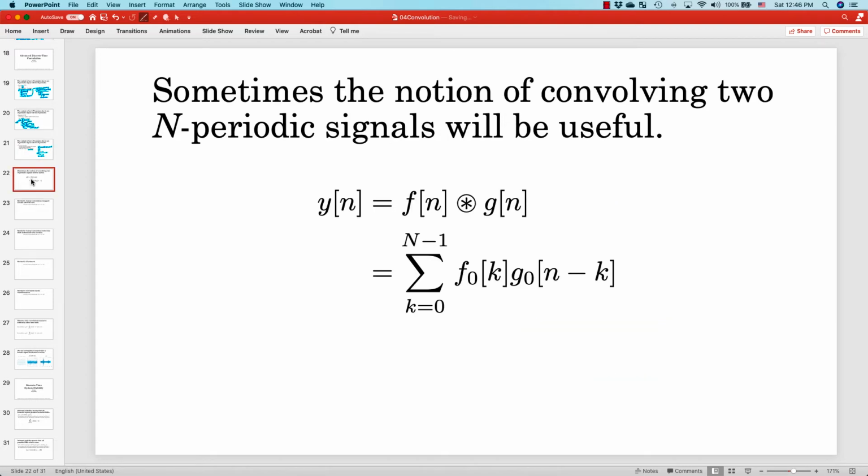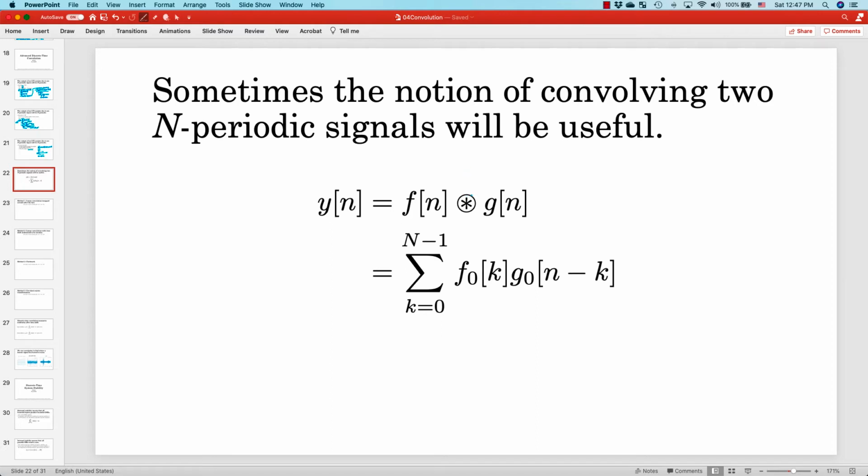That's not to say that the notion of convolving two periodic signals isn't useful. What I do mean is that taking the linear convolution of two periodic signals is fraught, I'll say that. And so what we would like to do is maybe define a new notion of convolution that allows us to convolve periodic things. And so you will see this symbol.